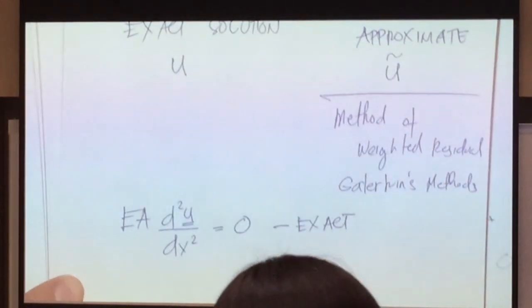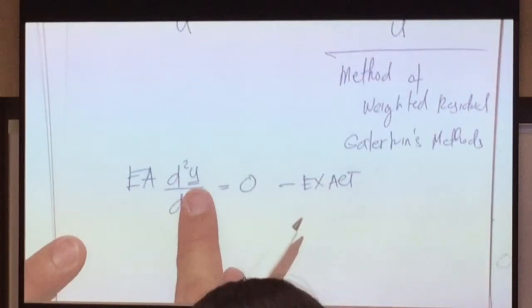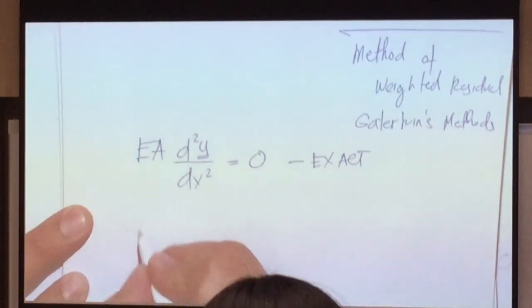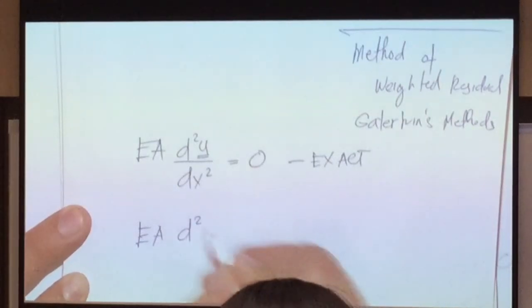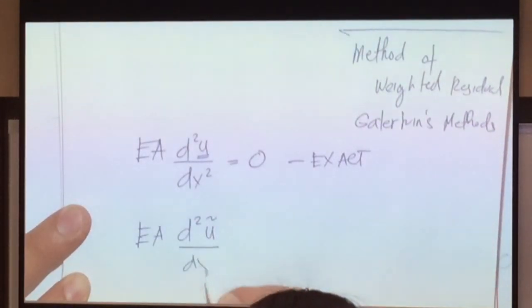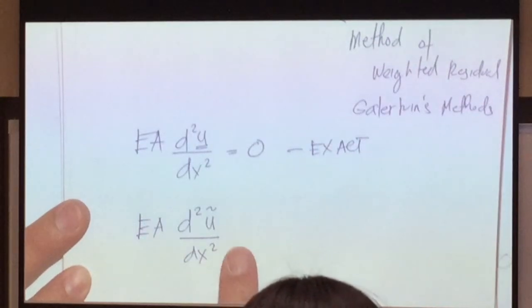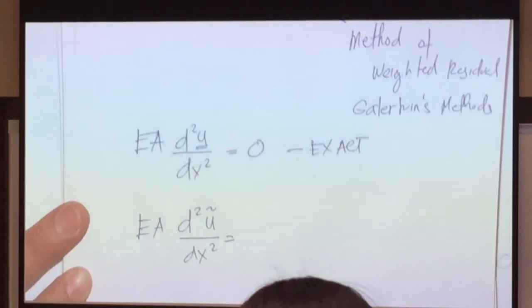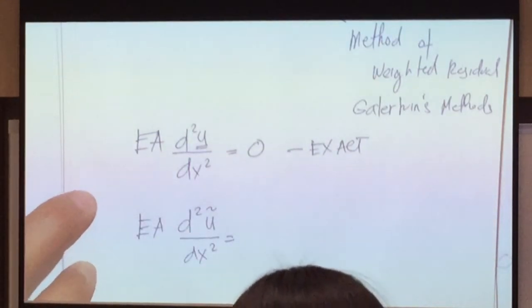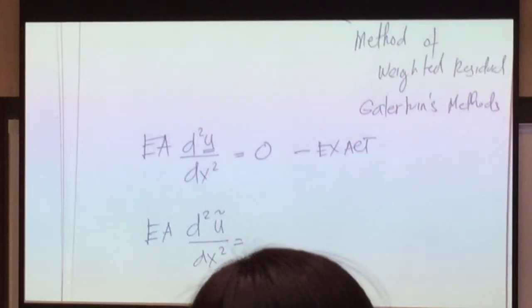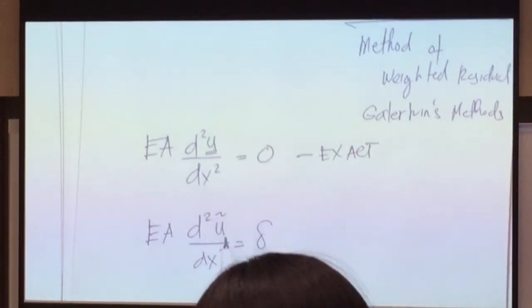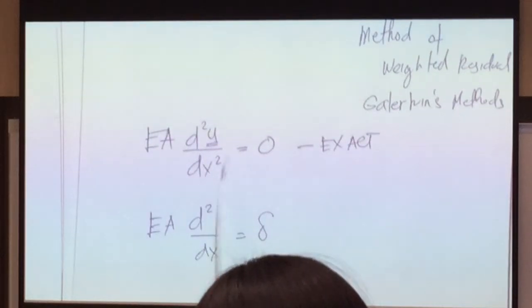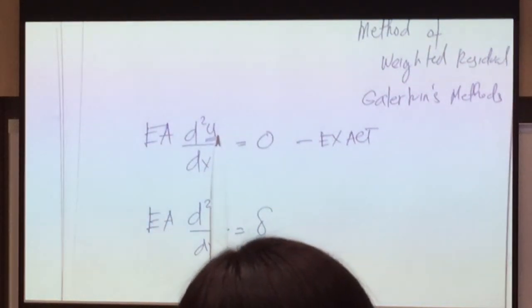Now, if I use an approximate value there, EA, second derivative of that approximate value, the value here may not be equal to 0. It can be very close to 0, but it is not equal to 0. It's equal to a certain value because this is not the same as that. This is close to that, but this is not the same as that.